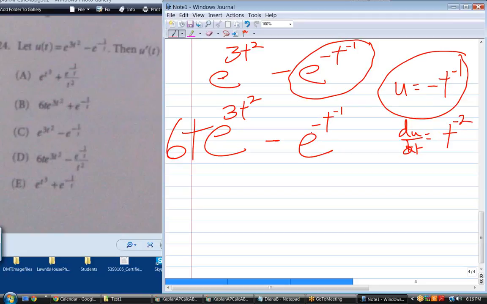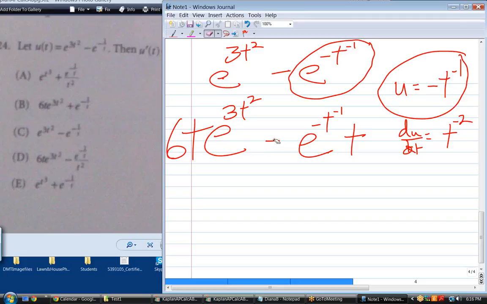So I have to multiply this thing by t to the, it's negative. It's positive, which makes it positive, right?